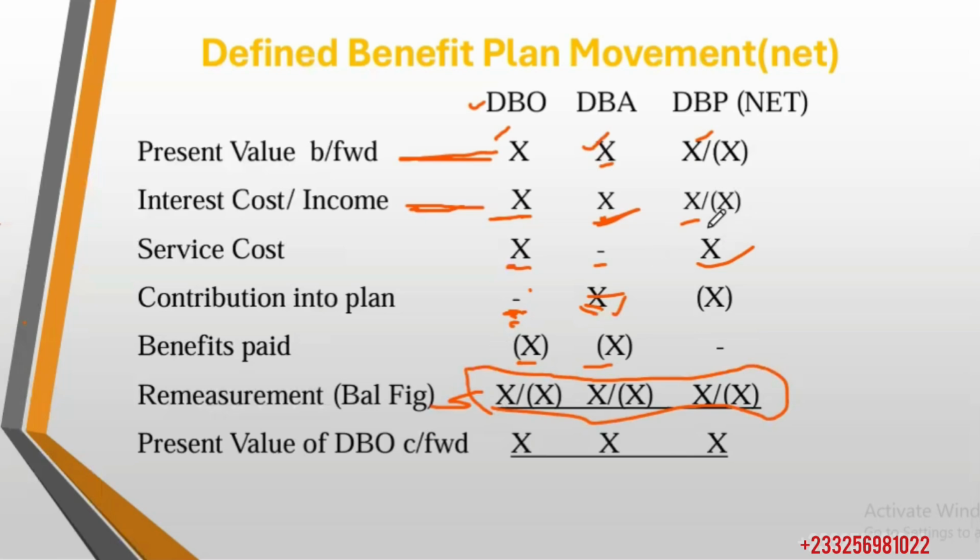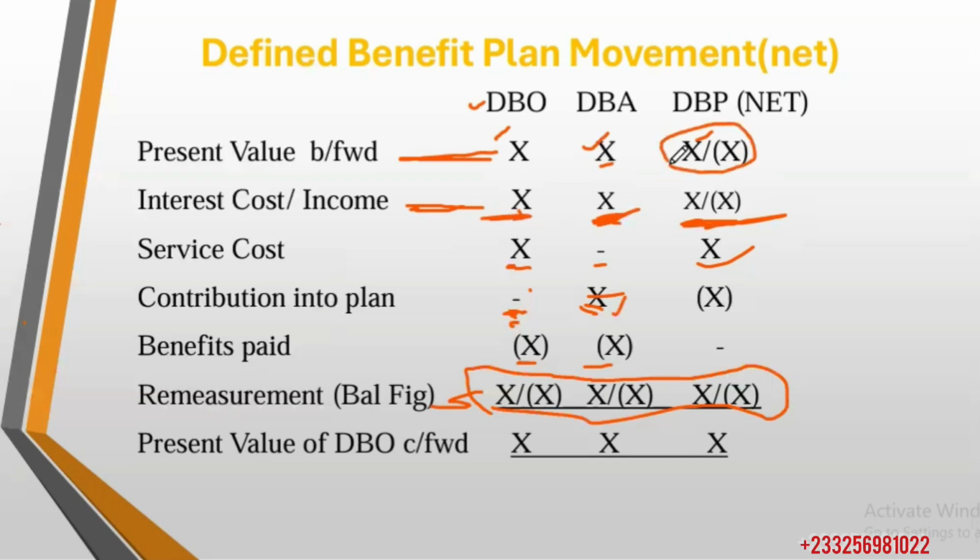When you come here, the interest income here, what you do is you don't find the interest cost. When you come to the interest side here, whether it's interest income or interest cost, the net. Now you can decide not to find the interest cost, find the interest income, and then come and find the difference. You can decide to apply the interest rate on this opening balance.